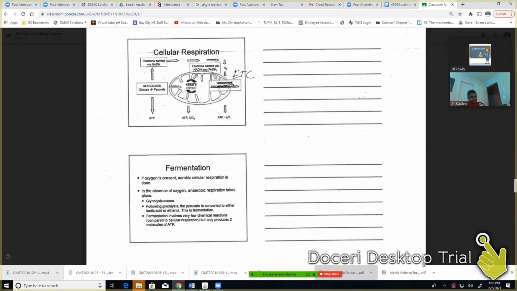This is occurring in the inner membranes of the mitochondria. Here we actually get 32 ATP, and 6 CO2, 6 H2O, and also heat. And this is 2.